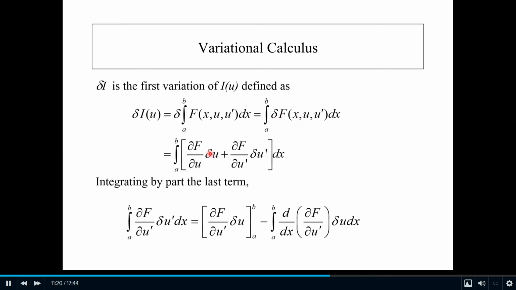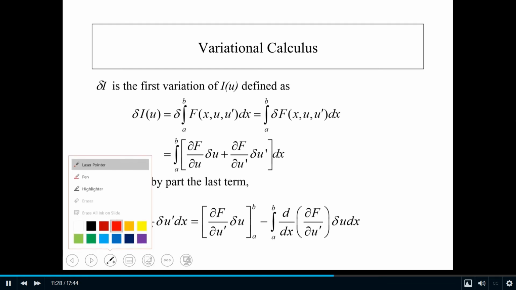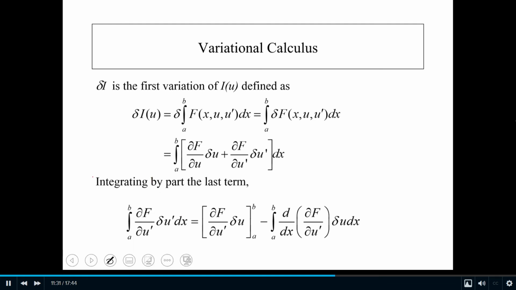From this, we integrate the second term by parts. Hopefully you still remember integration by parts, if you studied applied math with me. It is the integral of u dv equals uv minus the integral of v du. So you integrate the second term, and you define what should be u and what should be v.